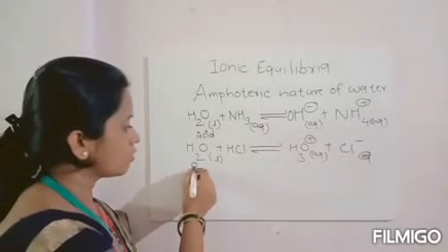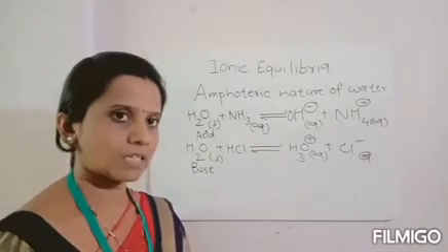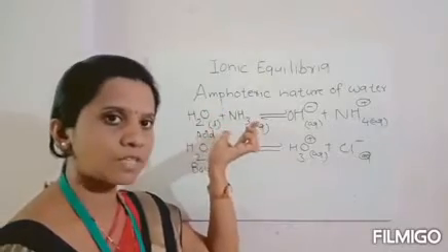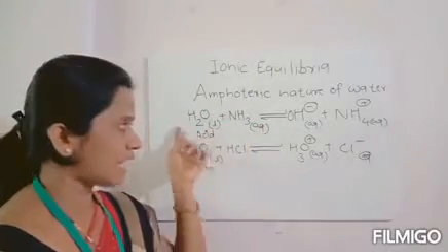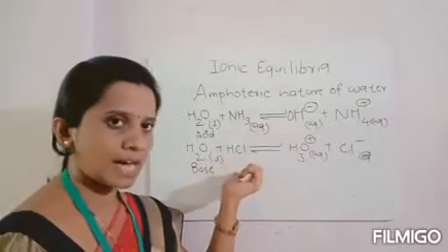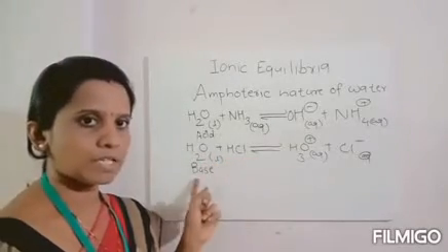So here water acts as a base. So when water reacts with a base, it acts as an acid, and when water reacts with an acid, it acts as a base.